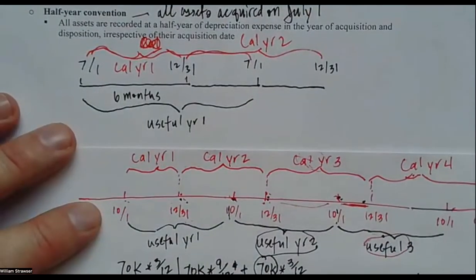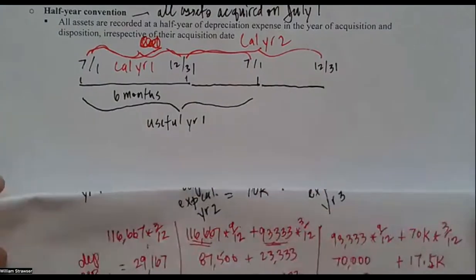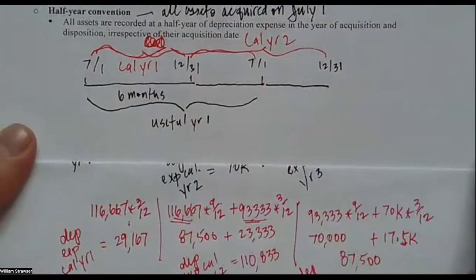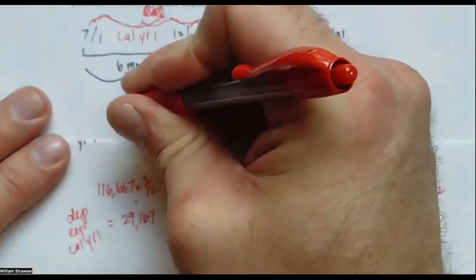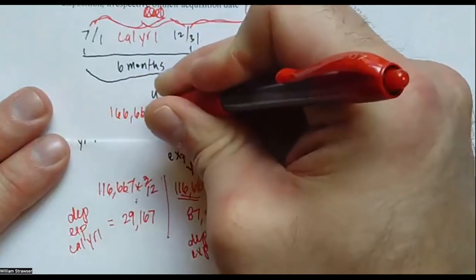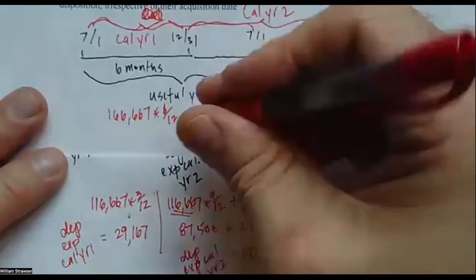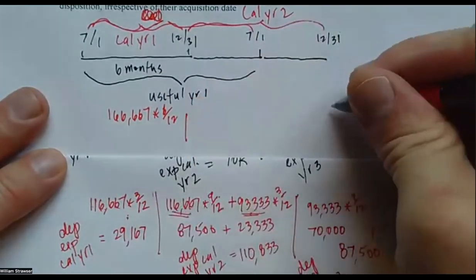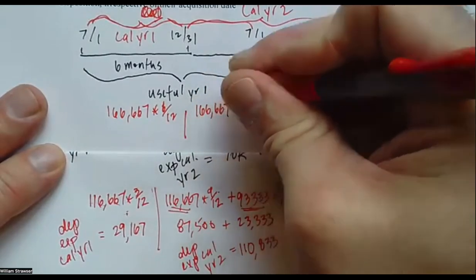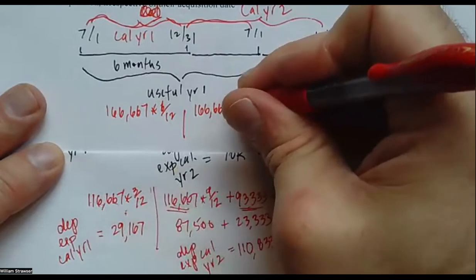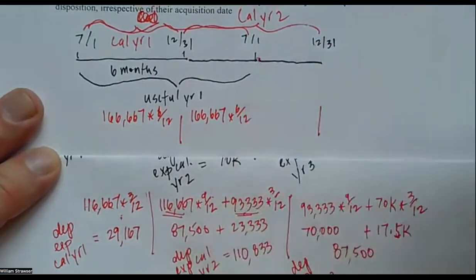So how would this affect our calculations? The straight line will never change, but looking at this one, now instead of needing the sum of the year's digits, we would just take 166,667, multiply it by 6/12 or 1/2. And that would be my first calendar year. My second calendar year would be 166,667, because only half of it was recognized there. Half of it gets recognized for the first half of the second calendar year.